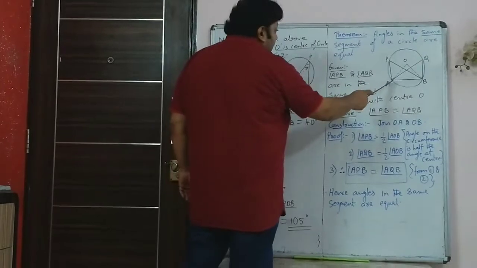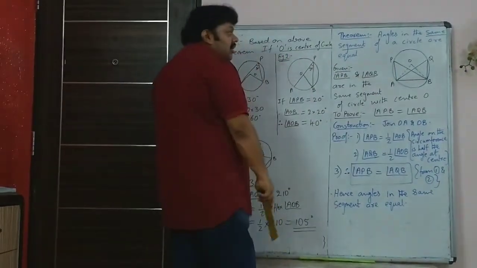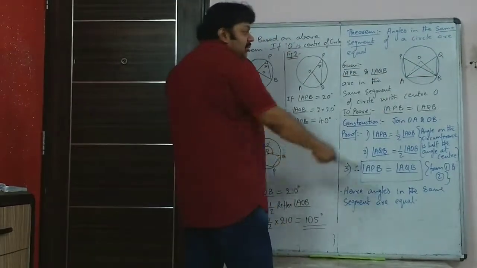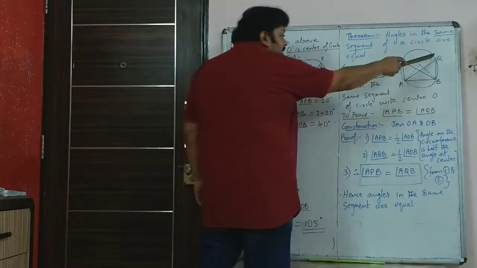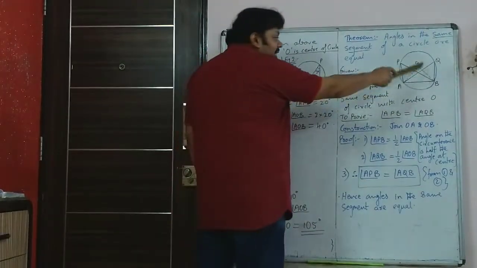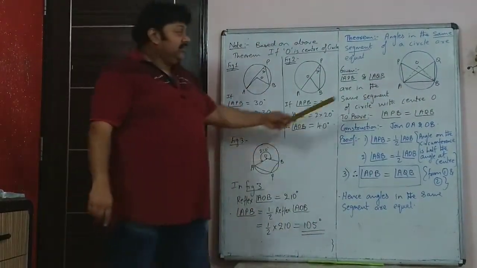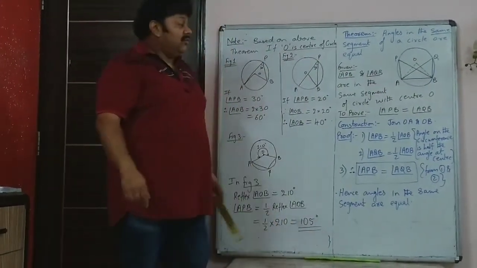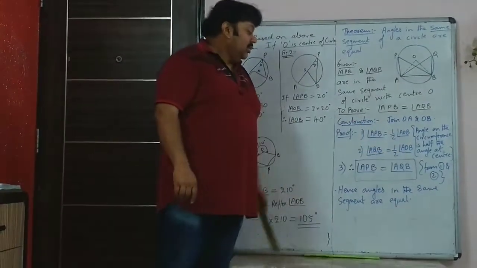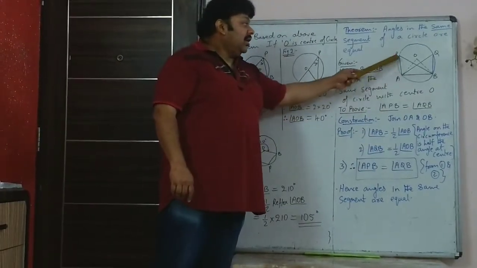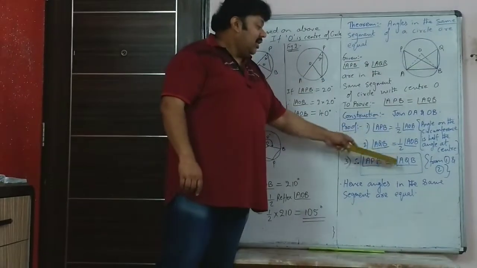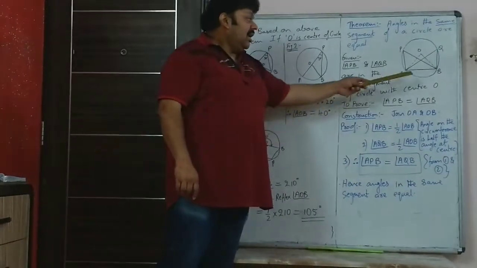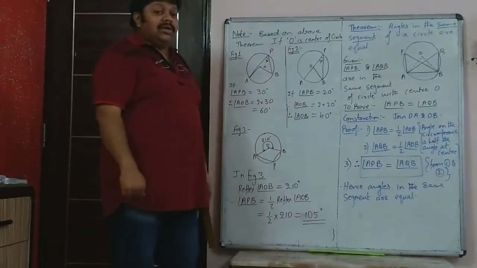Similarly, angle AQB is also half of AOB, because A and B are common endpoints, so AQB is an angle on the circumference and AOB is an angle at the center. So both this angle and this angle are half of the same angle AOB. Therefore you can say angle APB is equal to angle AQB. So that is from statements 1 and 2. Hence, angles in the same segment are equal.